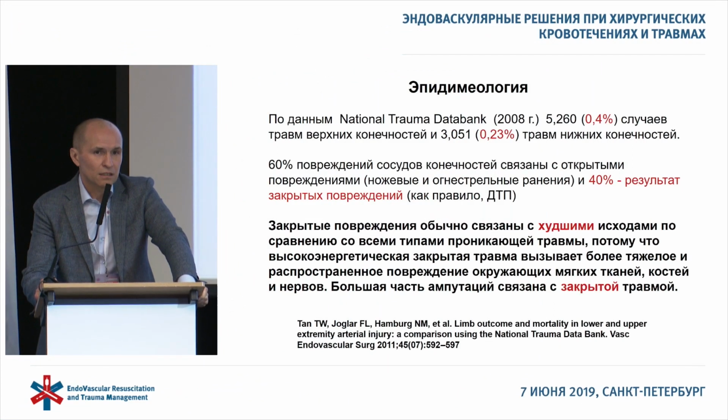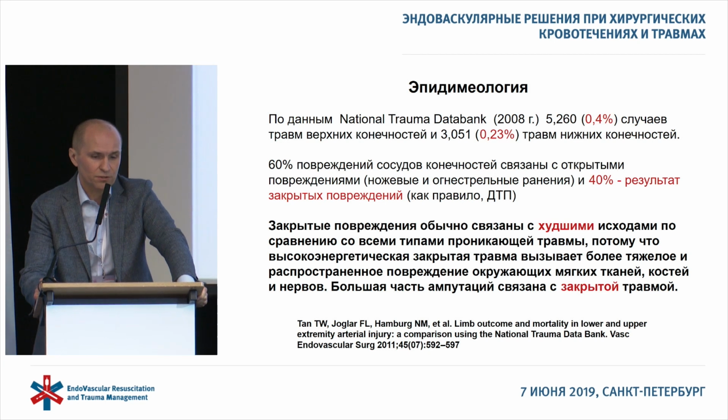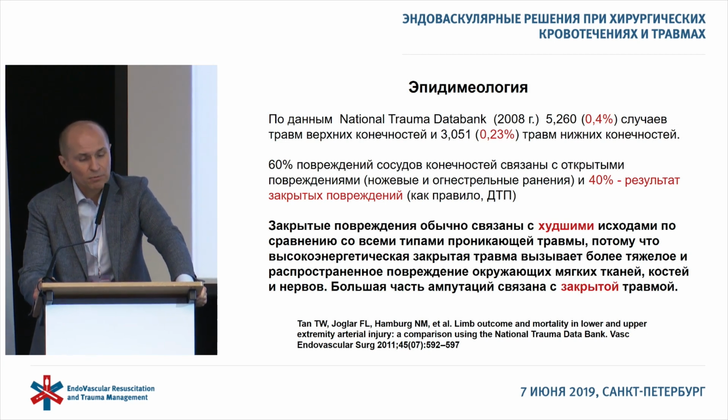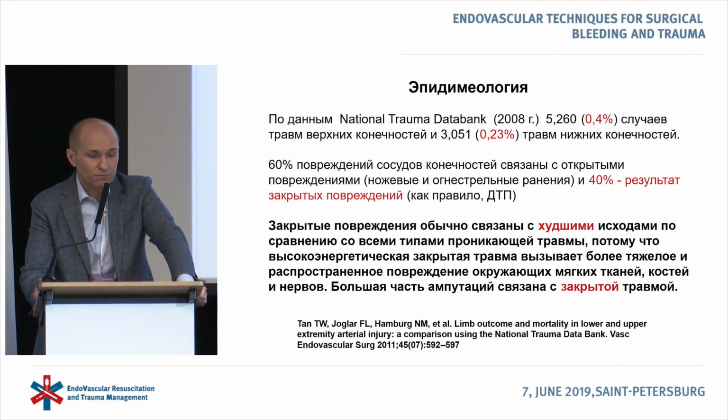Good afternoon, dear colleagues. First of all, let me express my gratitude to the organizers for this kind of unique conference, and thank you for the privilege to talk about the combined traumas of bone fractures and large vessel damages. As for the large studies that would study the incidence of these kind of polytraumas, there are lots of them, and almost half of the traumas are caused by stabbing or gunshot.